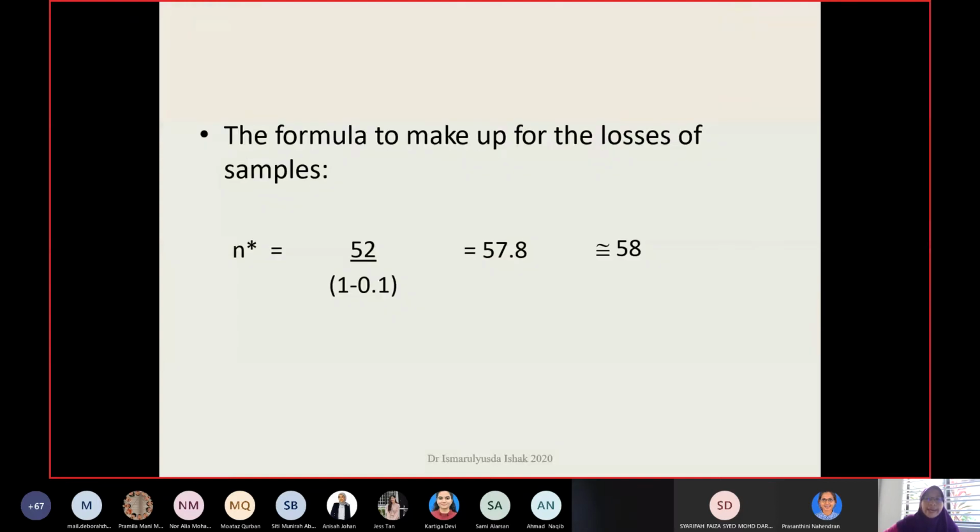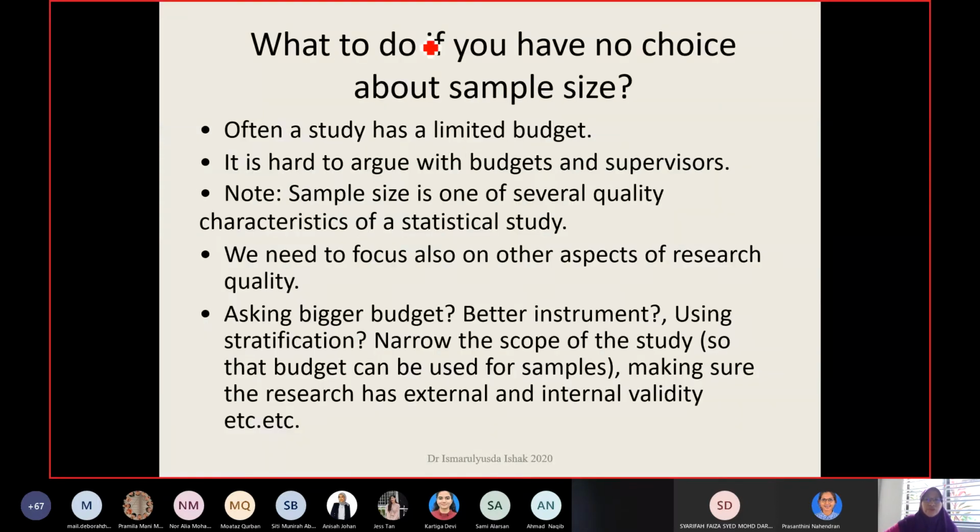What to do if you don't have any choice about sample size? Not because of limited budget, but because nowadays there is the COVID-19 problem. It's hard for you to get samples face to face. Going to the community is very hard.